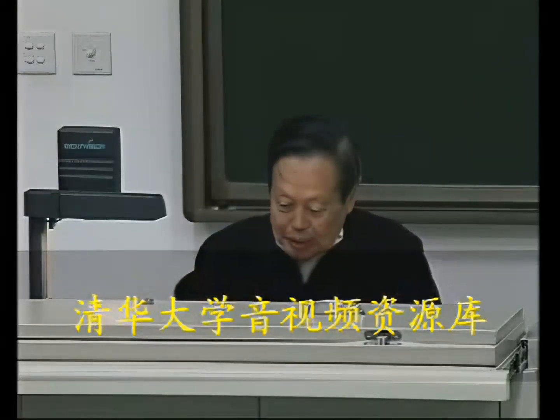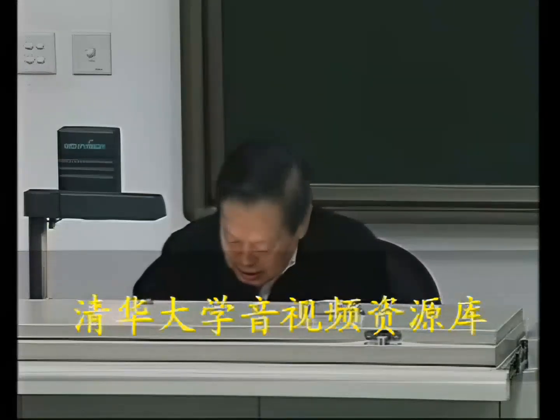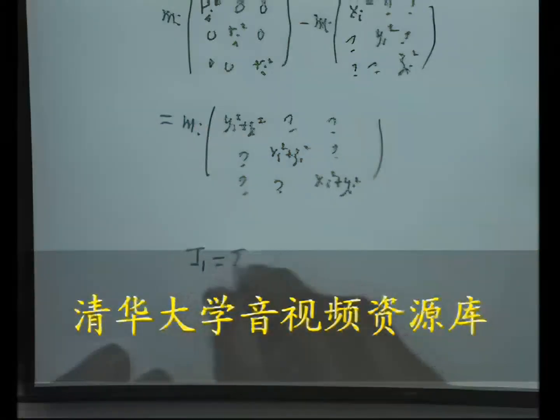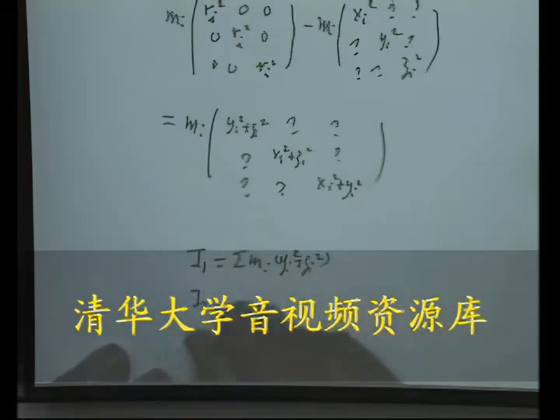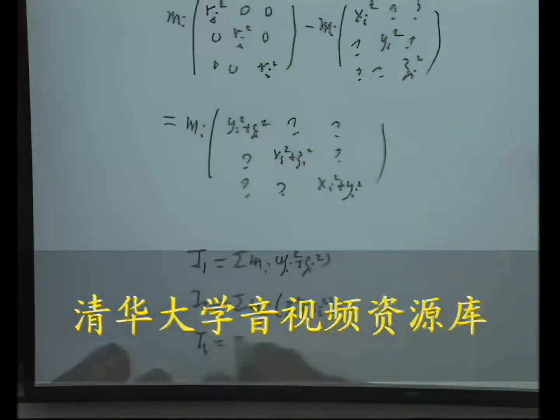So we now know I1 is equal to summation mi times yi squared plus zi squared. I2 is equal to summation mi times zi squared plus xi squared. I3 is equal to summation mi times xi squared plus yi squared.